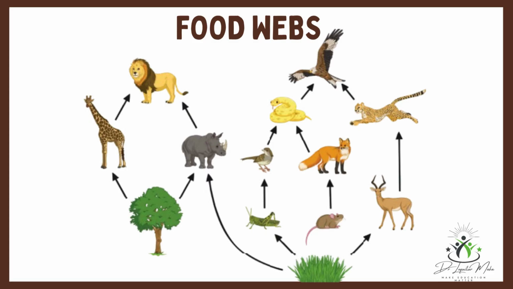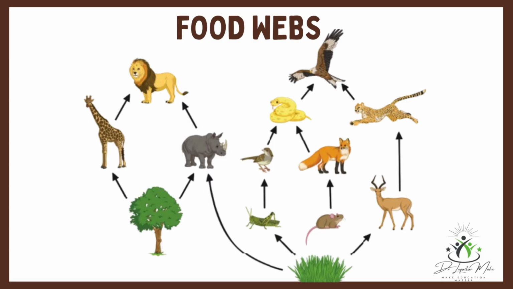So now in a food web, unlike a food chain, it's not a linear transfer of energy. This is a food chain, however, it's always interlinked with another food chain. So it's different food chains that are linked together.